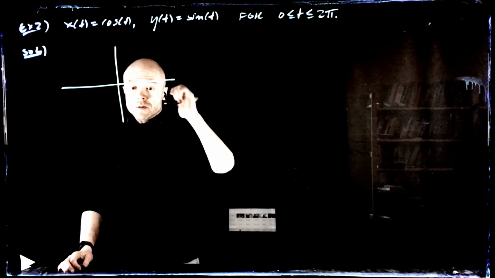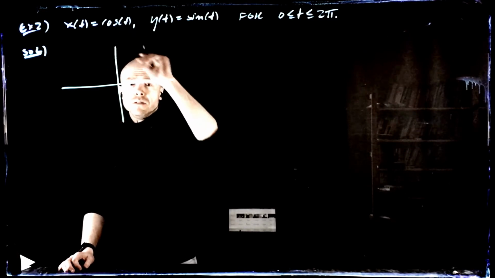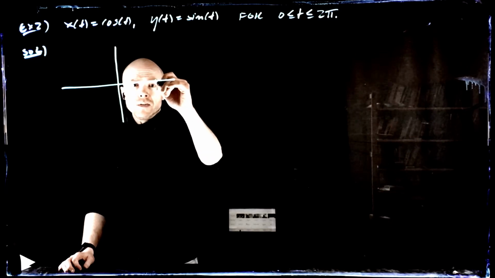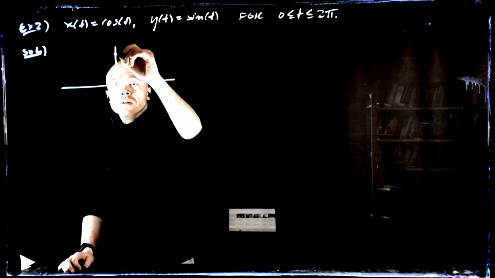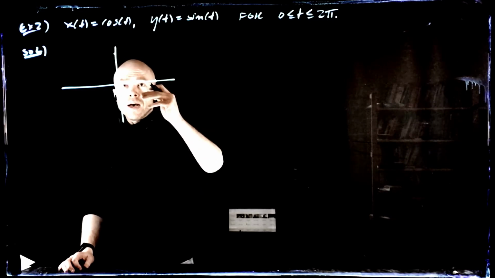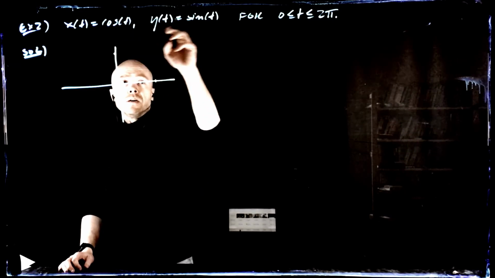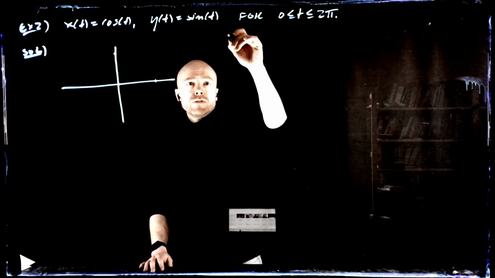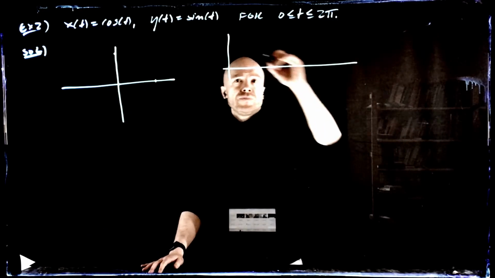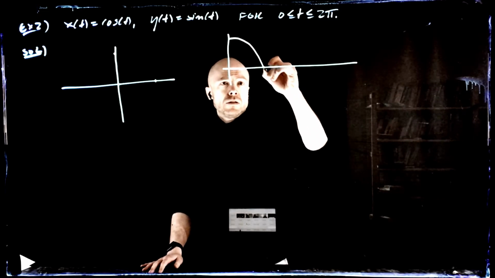So when t is equal to 0, then cosine is just 1, sine is 0, right? So we're here, yeah? When t is equal to pi over 2, then cosine is 0, and then sine is equal to 1, right? So we know the graphs of cosine and sine, yeah? So this is cosine.